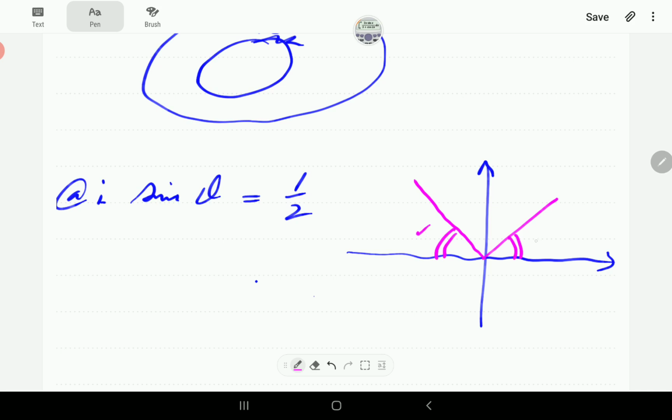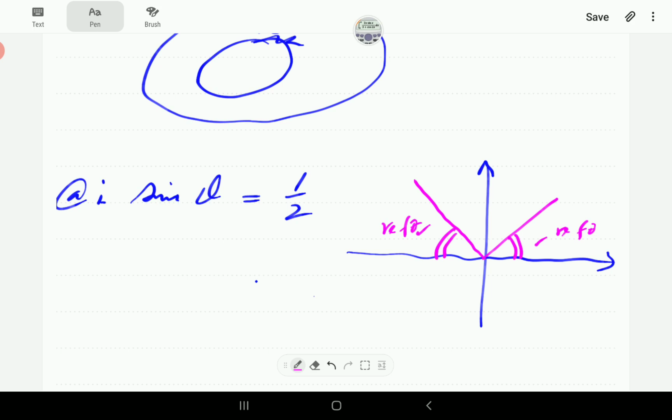These two are going to be equal. So remember, these are our ref theta. So what we're going to do is find the ref theta, and then from there we are going to find the two angles.